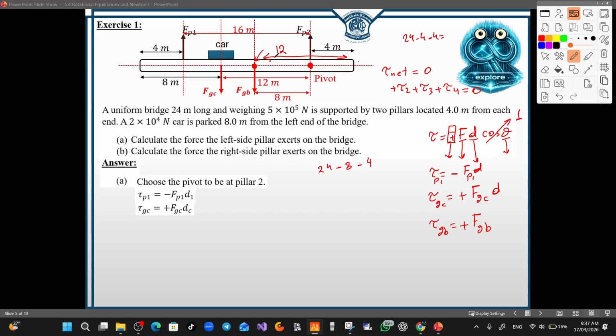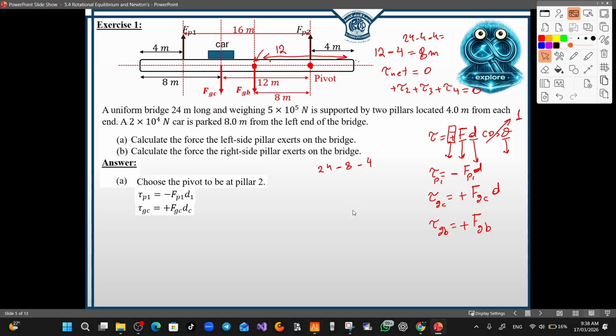Now, the distance from here to here is 12. If we subtract 4 from this distance, then the remaining distance will be 8 meters. And the 8 meters represents the distance between the pivot and the point of application of the FGB. So we write that the tau GB is equal to plus FGB times the distance DB.